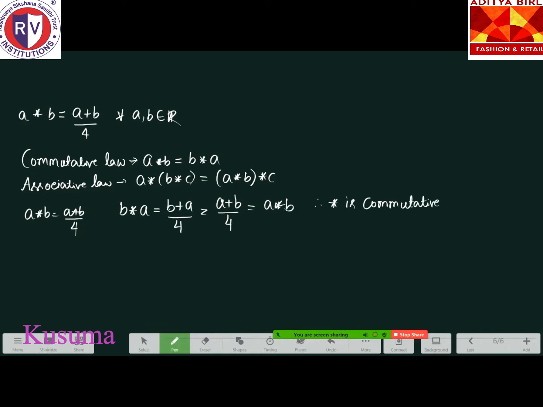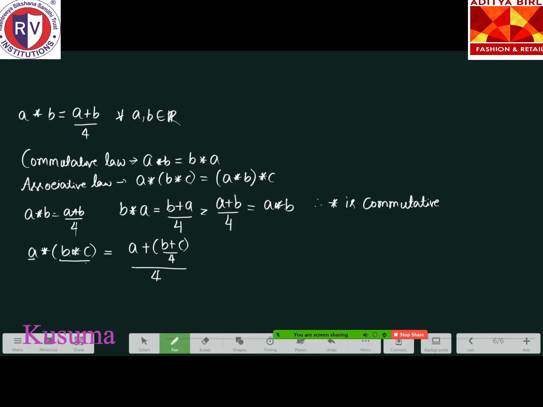Now let us see whether it is associative or not. Let us consider A star B star C. Here, this is one term and this entire thing is another term. So it is A plus B plus C by 4, all divided by 4, because here it is B star C, and B star C can be expanded as B plus C by 4.